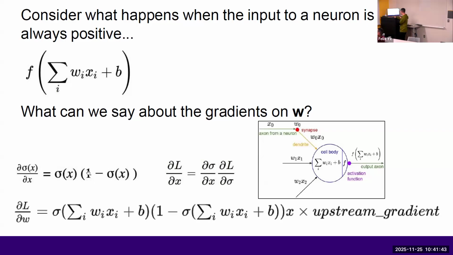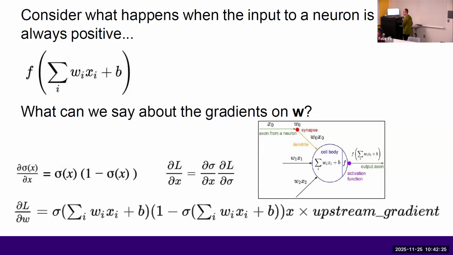If we plug this in, my f is my sigma, the sigmoid. We literally plug in the input from upstream, and this is the contribution from partial sigma partial x, and this is the contribution of partial L partial sigma, which is the x right here, and there will also be some upstream gradient, through the chain rule.